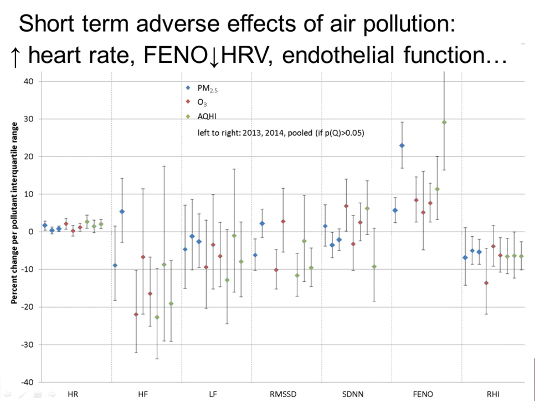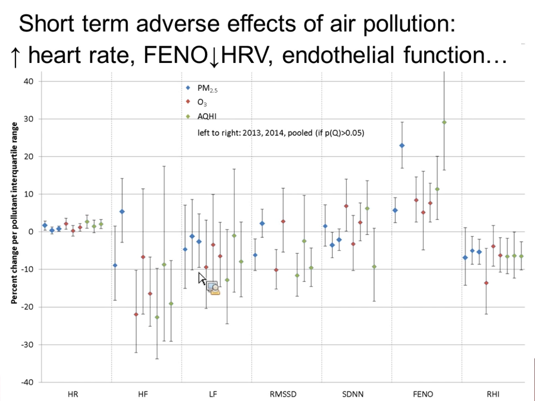What this shows is the percent change by pollutant and by year, and then the third measure in each series is the pooled result across the 2 summers. I'll mention that the data for heart rate were untransformed while the other measures were log transformed, so that probably accounts for some of the difference in magnitude of association that you see here.